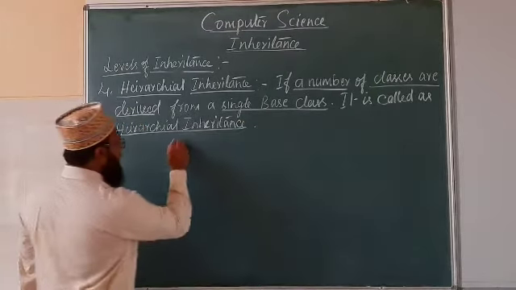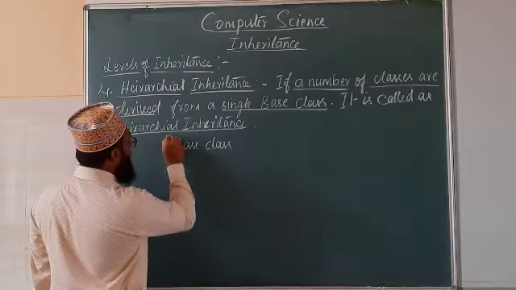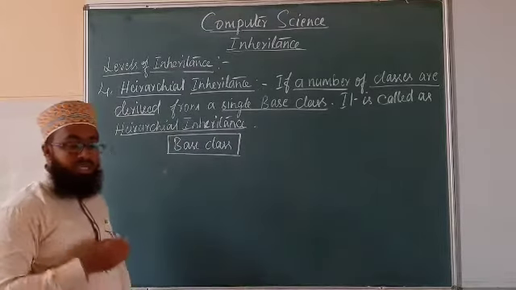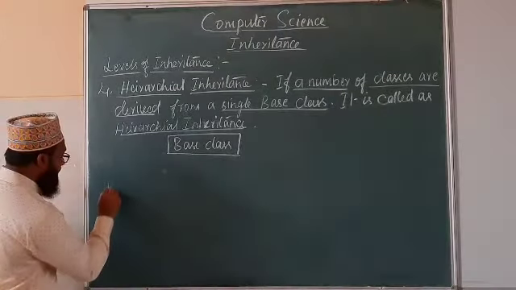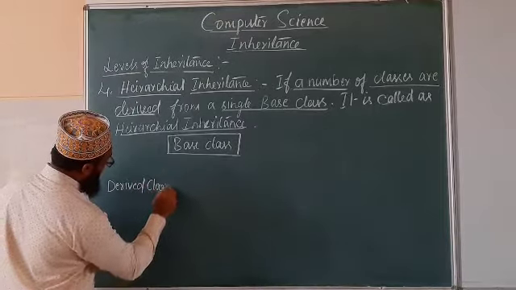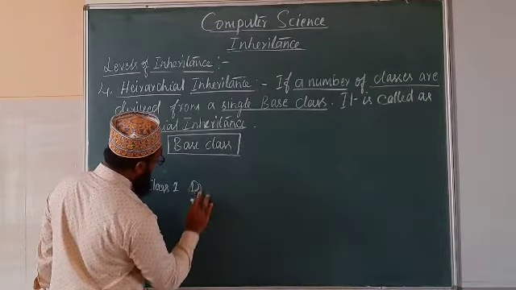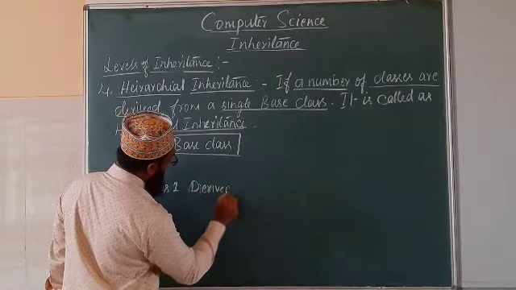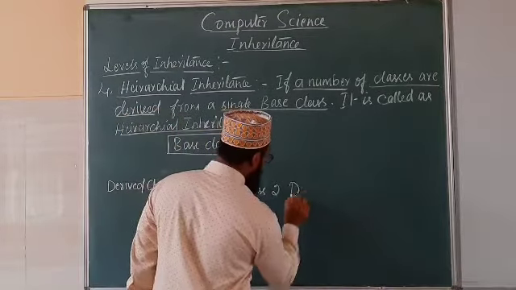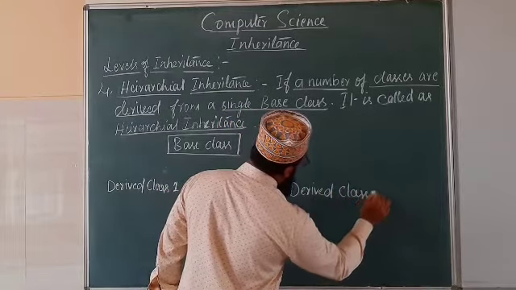Now I will give you an example. Base class, and from this base class we have to inherit a number of derived classes, that is derived class 1, then derived class 2, up to derived class n.